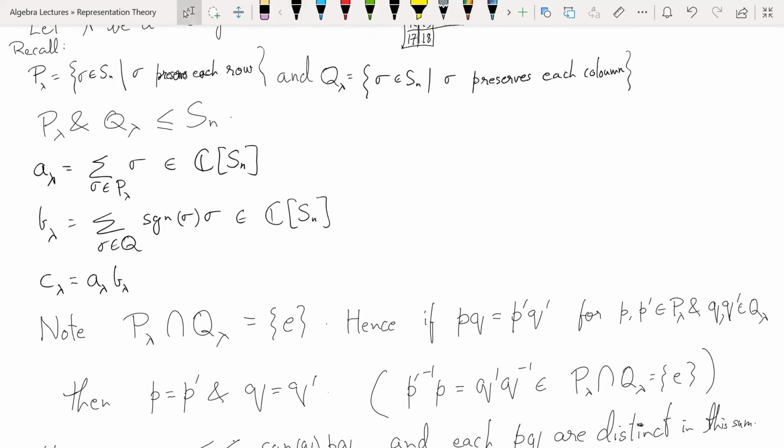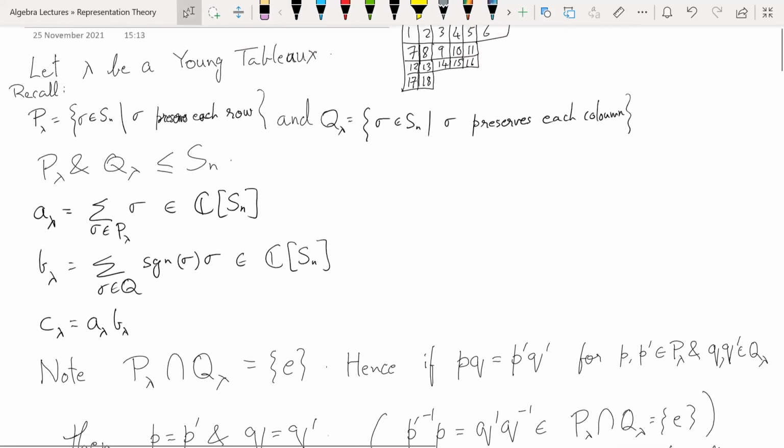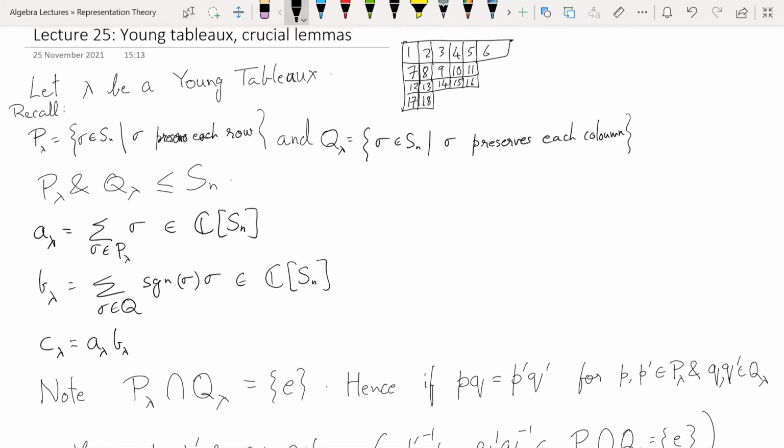So by the way, before I move into lemmas and stuff, maybe just to recollect from last time, we also know that this V lambda, which you define to be C Sn C lambda, is, so we didn't see a proof, but we are heading towards this, an irreducible representation of Sn.